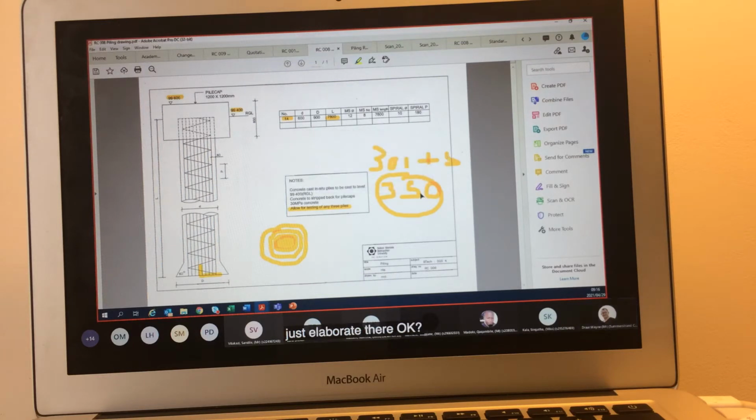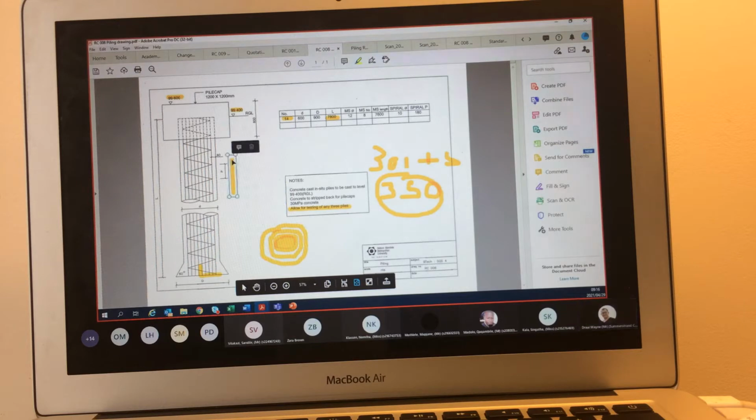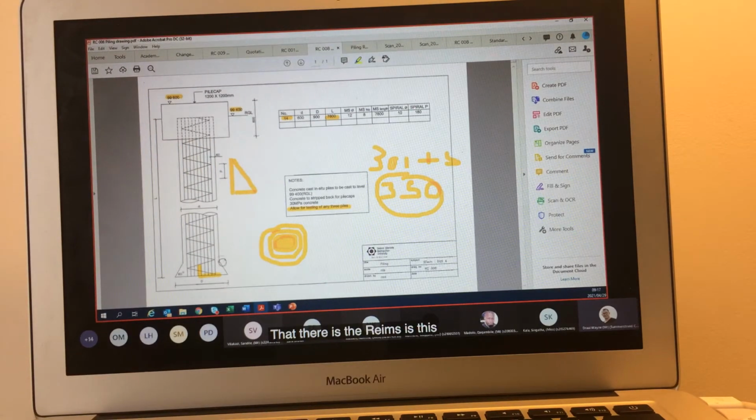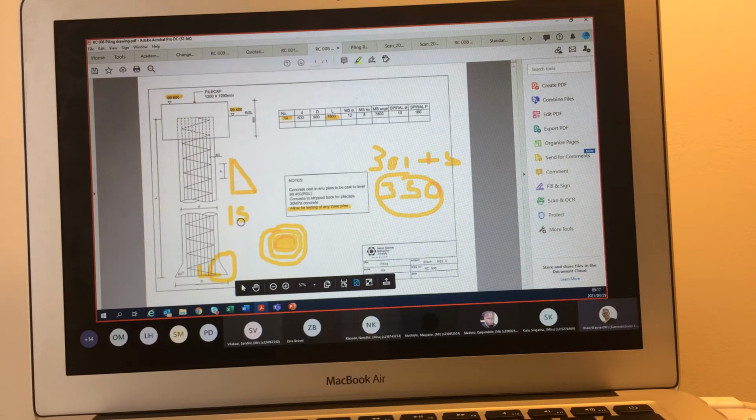Okay. What I'm saying is, if we have a look at that, there is the reams, this section here, and that's enlarged. And that there is 150.